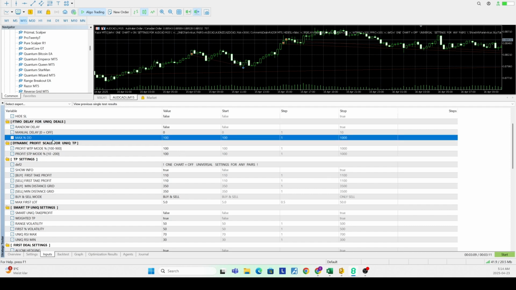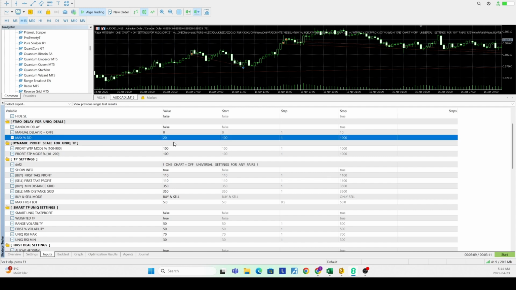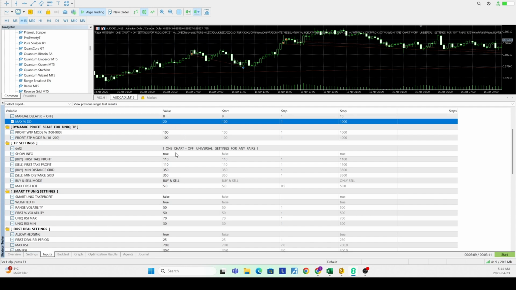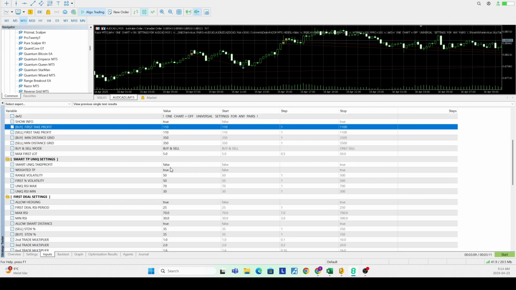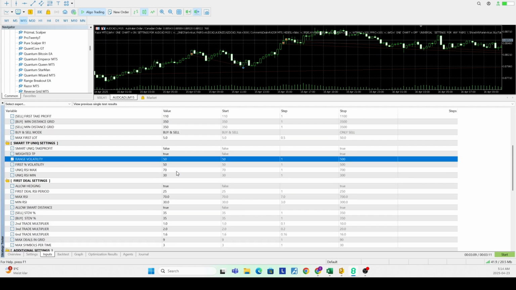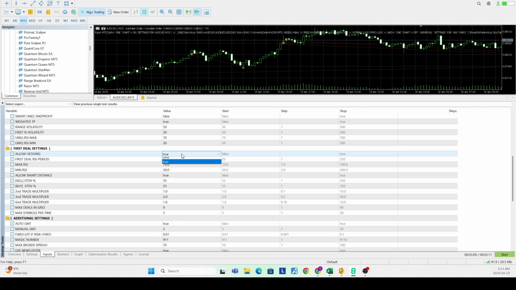Here you do have the option of an equity stop loss. Right now it's set to 100%, but we can probably set this to, let's say, 20% and run the back test again. And we'd be able to see that there are some additional settings here to where you want to put the TP, where you want to put stop loss, as well as he has some smart take profit settings. Here you're also able to turn hedging on and or off. So that might be more of the Martingale element here.